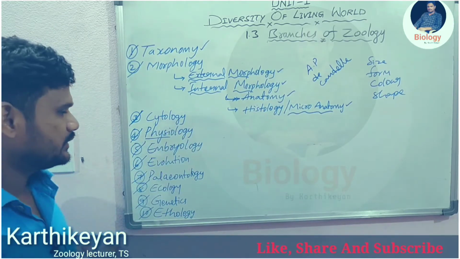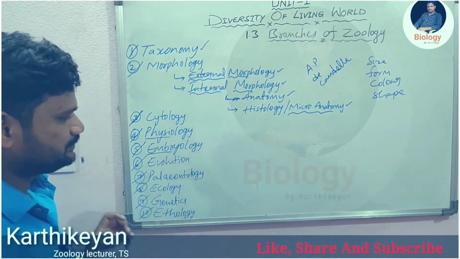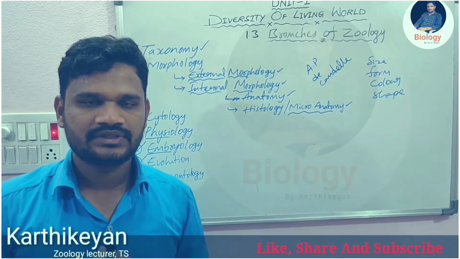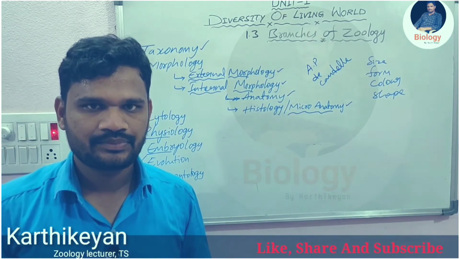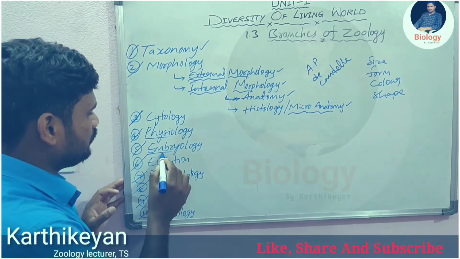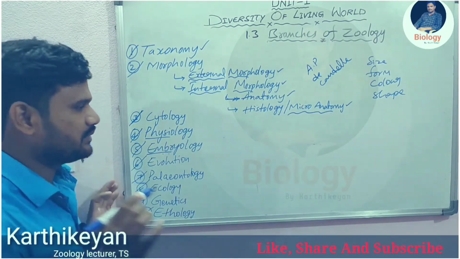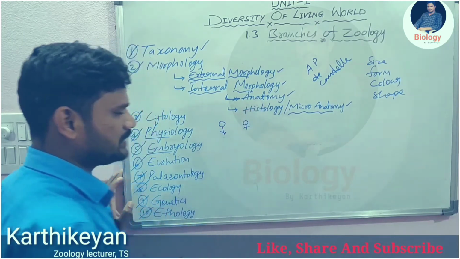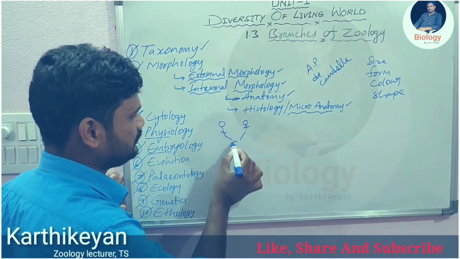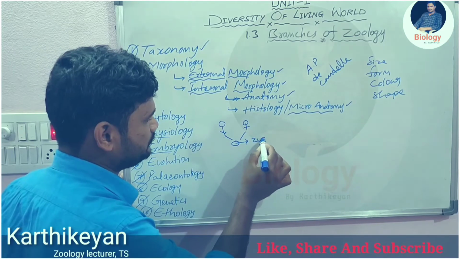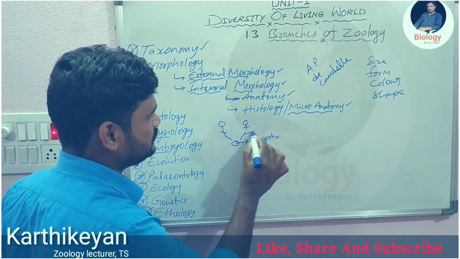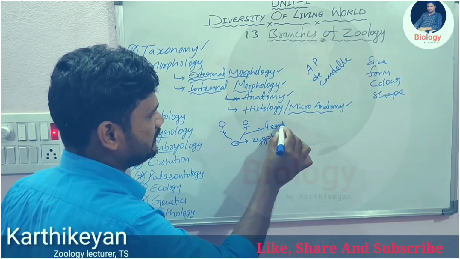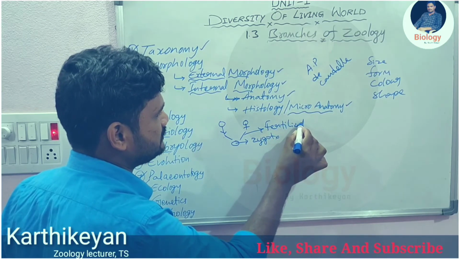Right, next one is embryology. Right, embryology means this embryology studies about total embryonic developmental stages. Imagine there is male gamete and female gamete. This male and female gametes are fused to form zygote, right? This fusion is called fertilization, right? Fertilization.